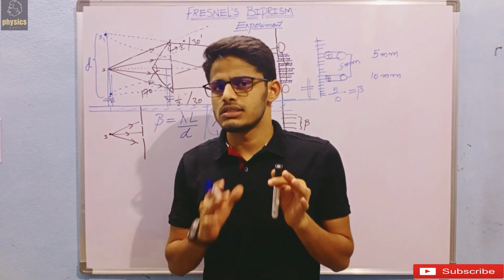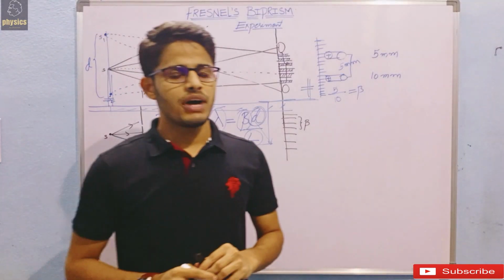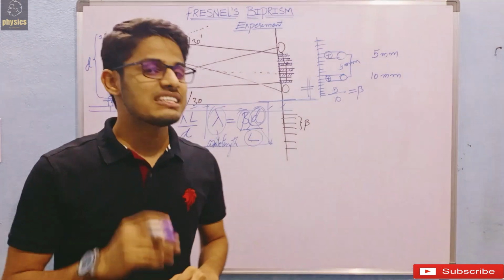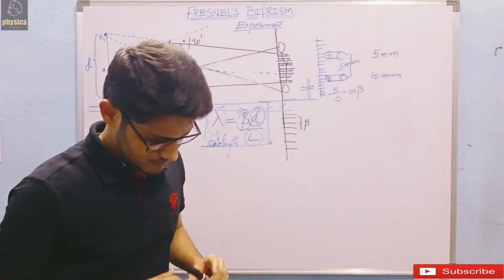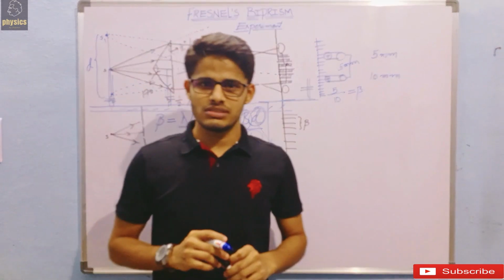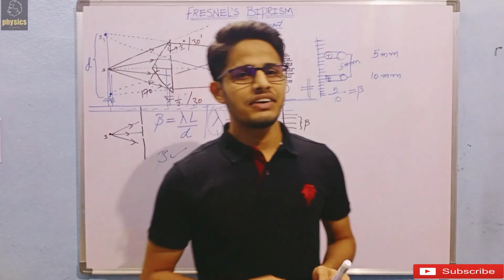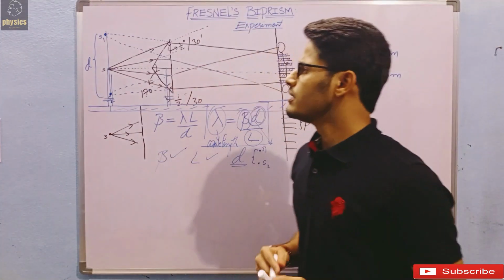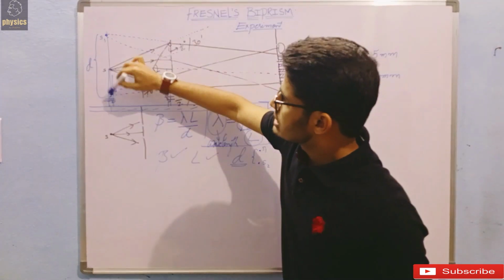Now, there's a challenging one. We have to find out the D value, the distance between the two sources. This is a bit tricky, because these two sources are not real.